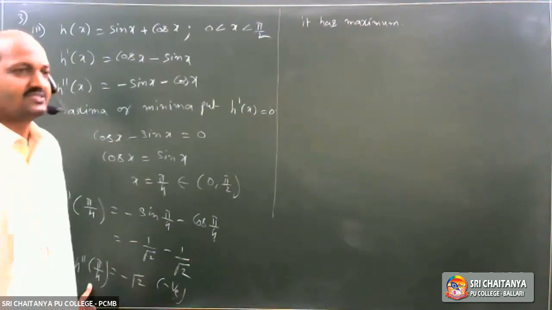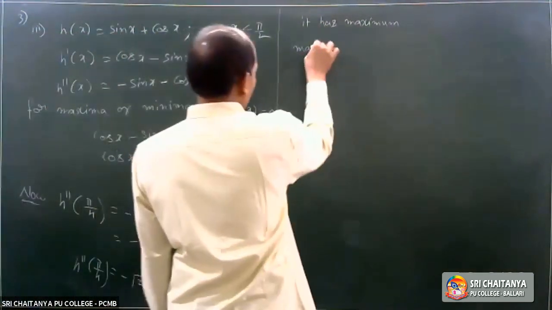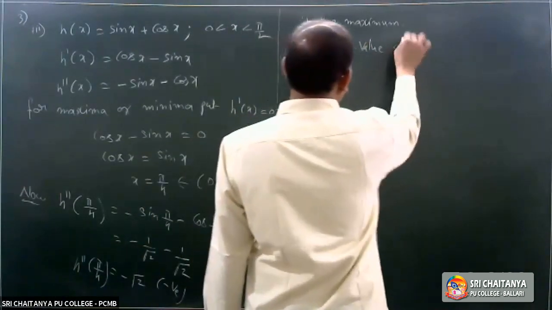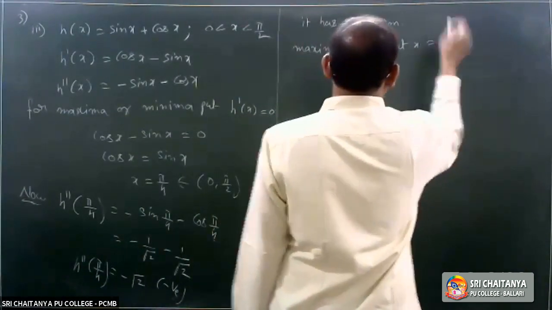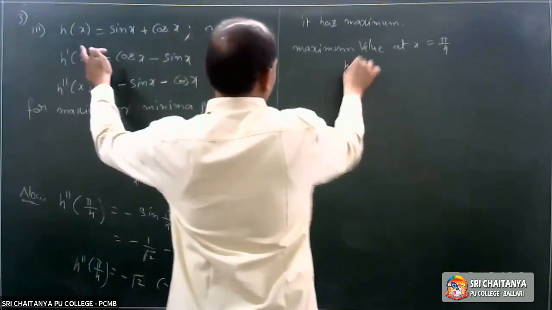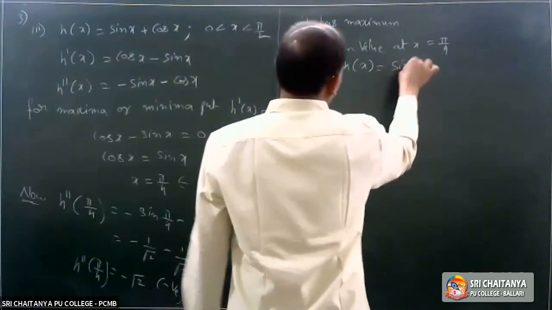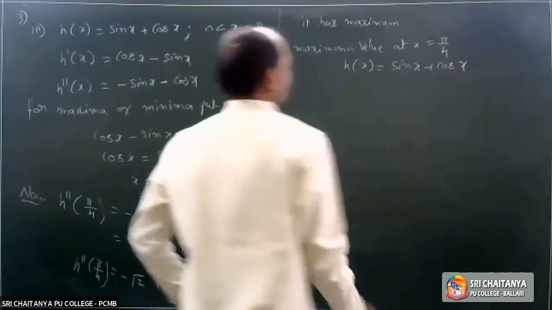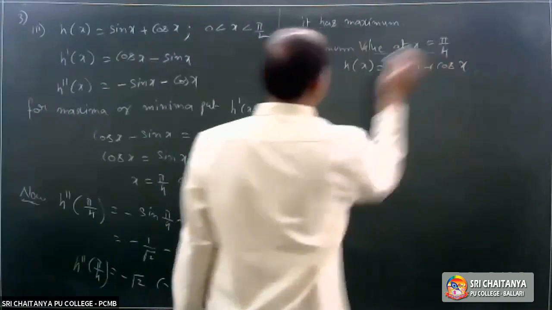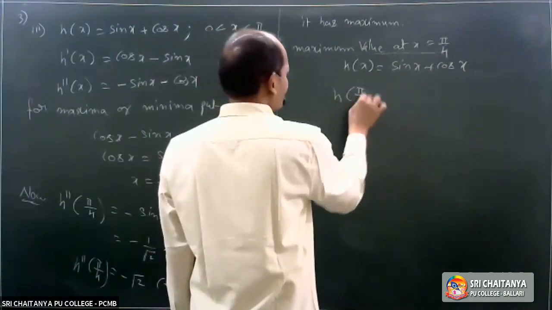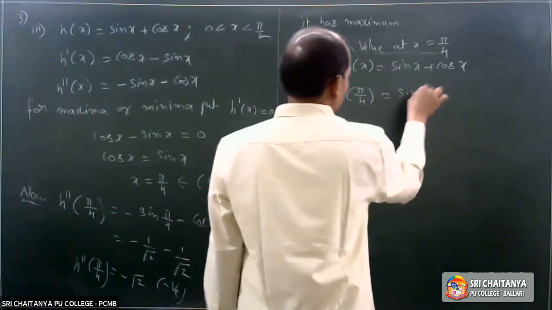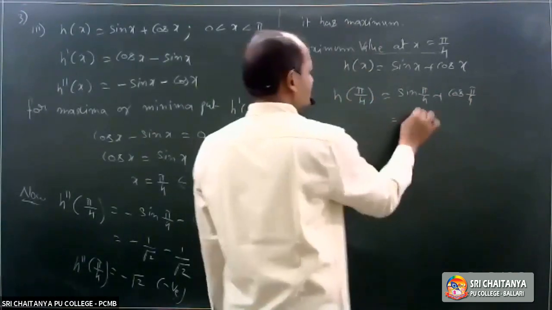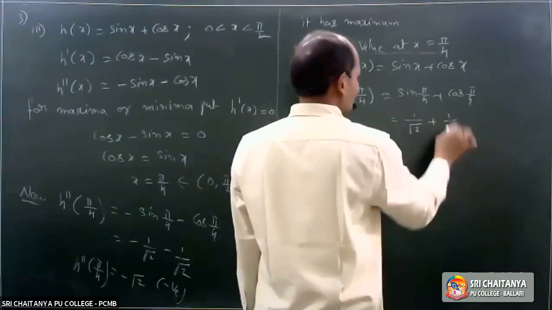Now we have to find the maximum value. So maximum value at x equal to pi by 4, where h of x is equal to sin x plus cos x. So h of pi by 4 is equal to sin pi by 4 plus cos pi by 4. It is 1 by root 2 plus 1 by root 2.